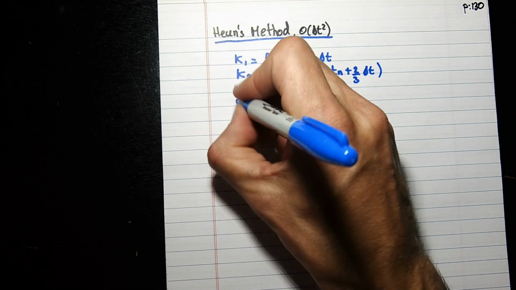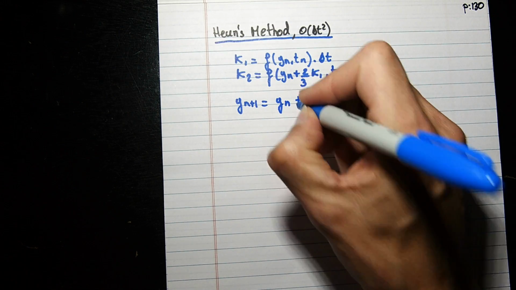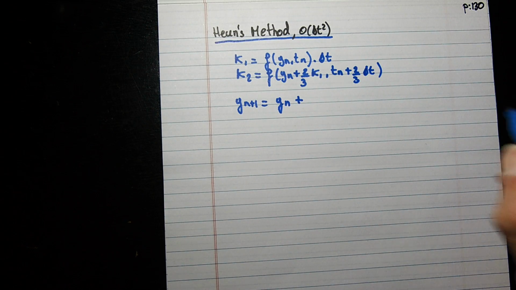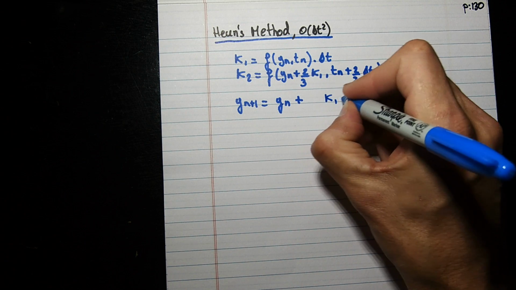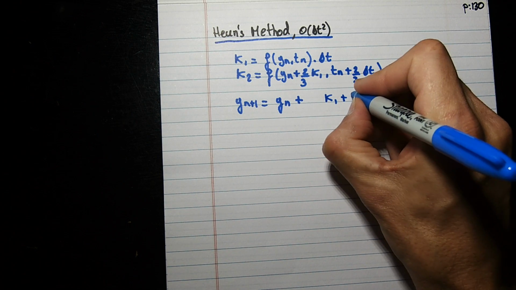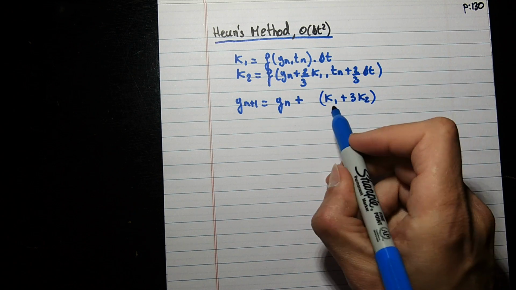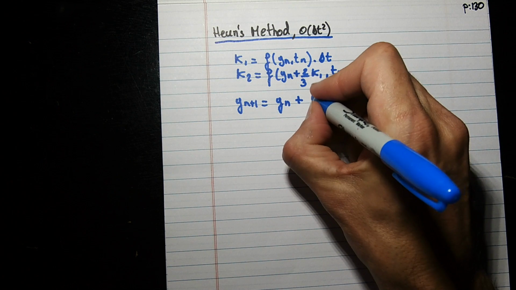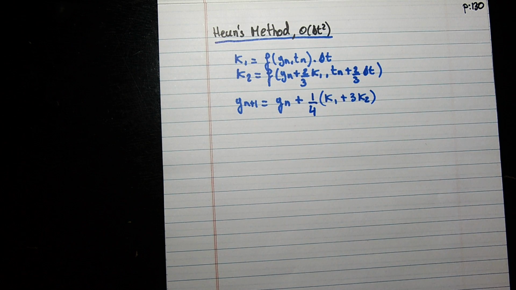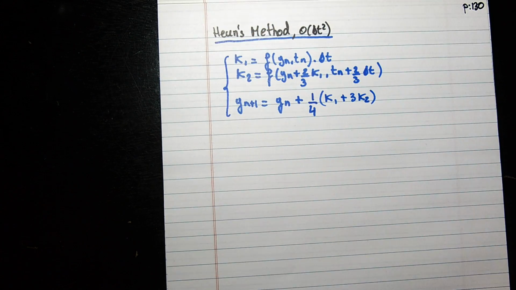So what do you think y n plus 1 will be? We know it will be y sub n plus 1/4 of k1 plus 3 k2, and we know this should add to 1, so 1 plus 3 is 4, 1/4. Alright? And this will be Heun's method.